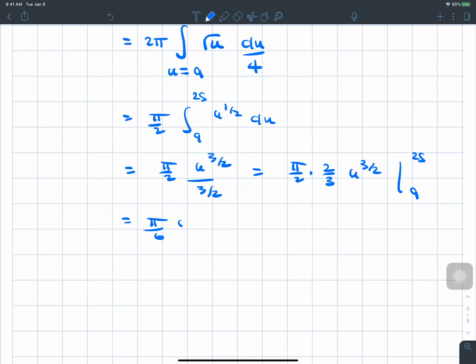Pi over 6 u to the 3/2 from 9 to 25. Okay, double check to see if we're okay with that. All right, 1/2 plus 1 is 3/2, so we get 2/3. Yeah, it looks like we get cancellation here, right? You guys okay with that? Double check.